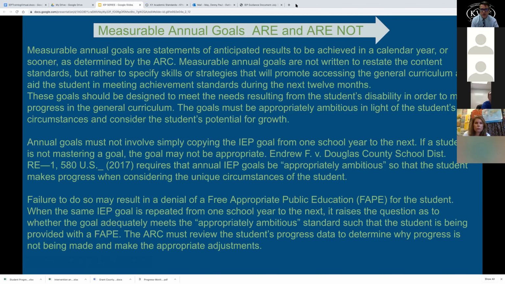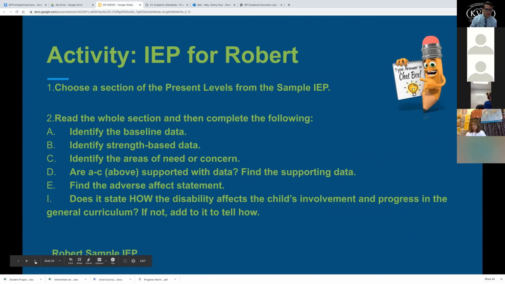I want to get on this information about measurable annual goals and what's included in measurable annual goals. And this activity here, this is the information that you'll find in the guidance document itself.